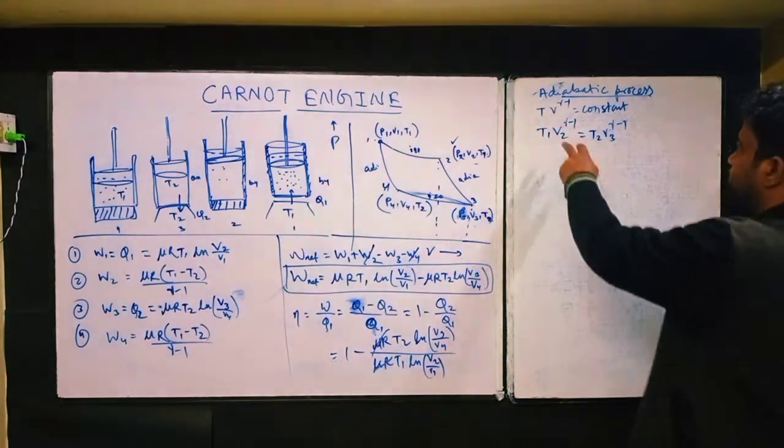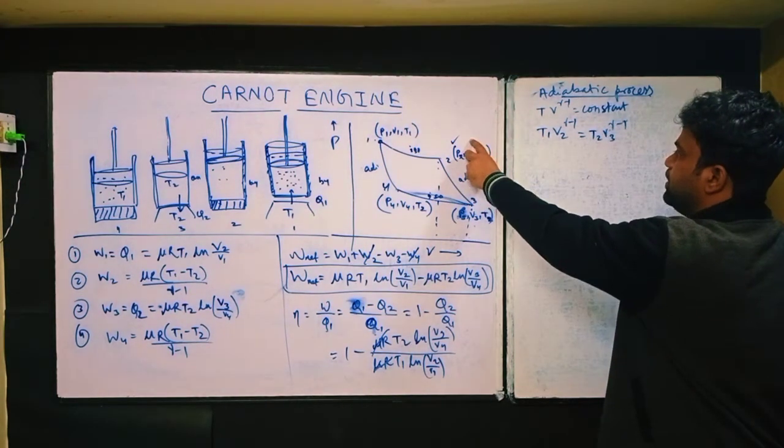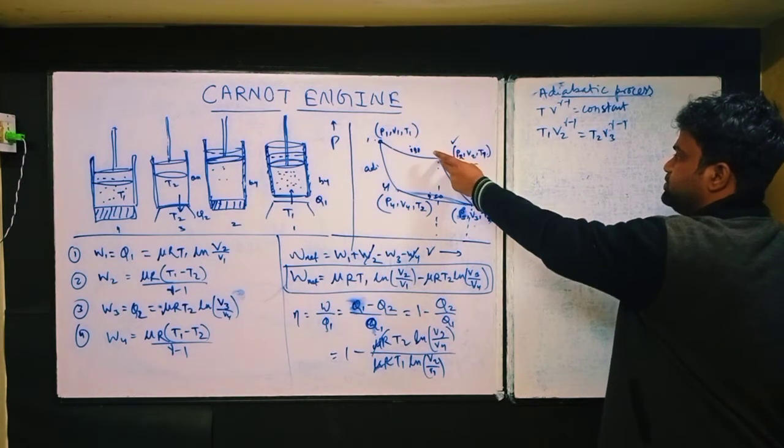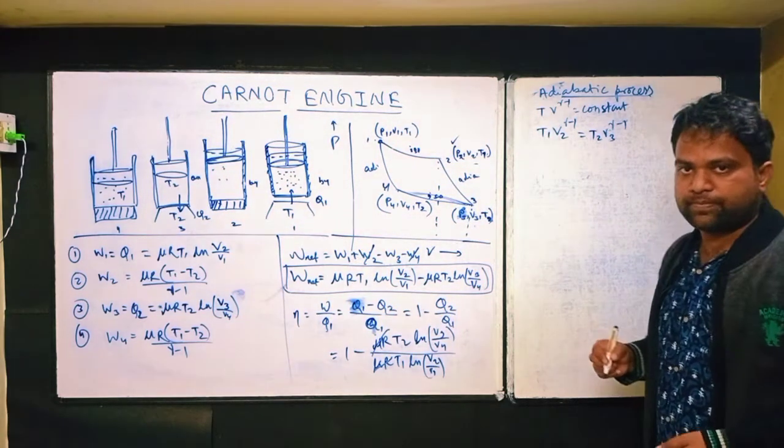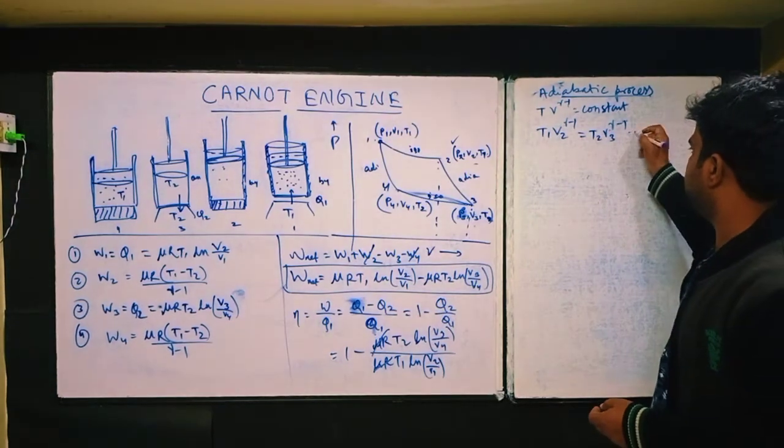T V to the power gamma minus 1 is a constant because this is an adiabatic process, so at any point on this curve my equation should be satisfied. So I can write this, right? And it's a constant.